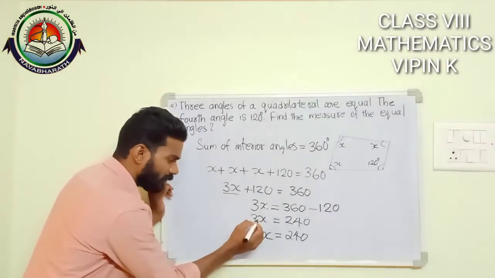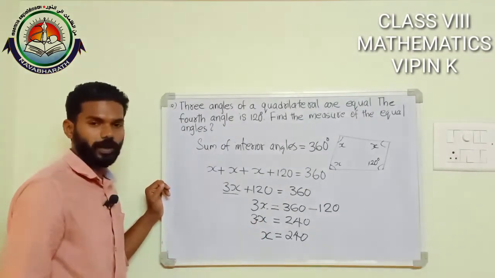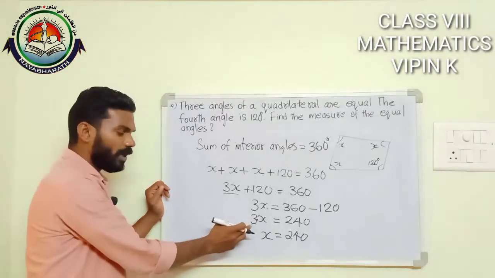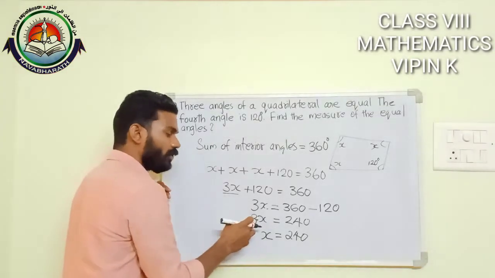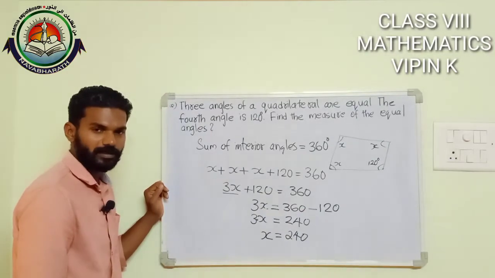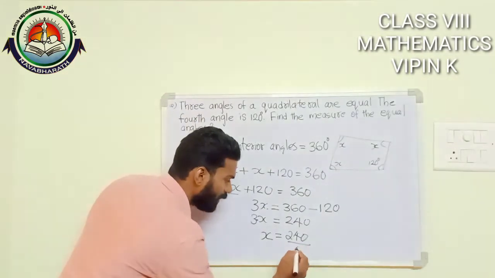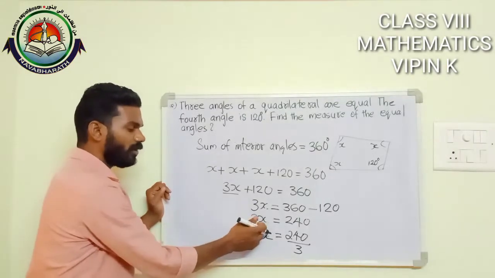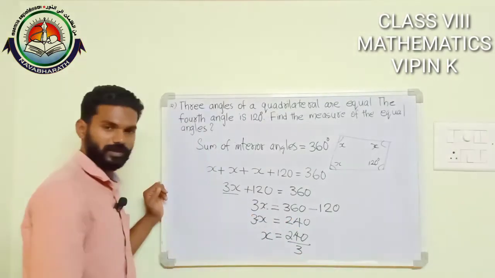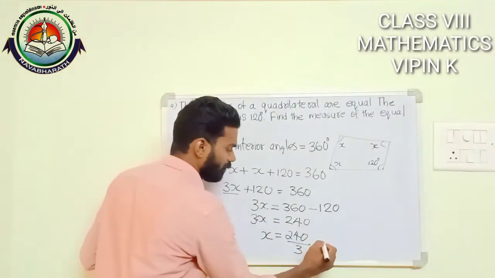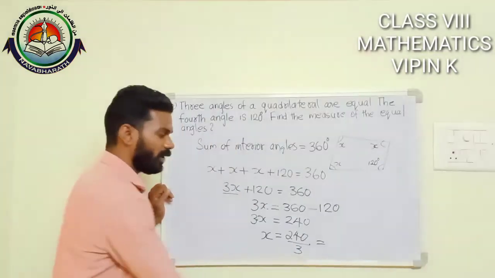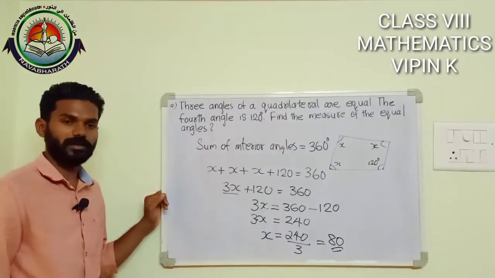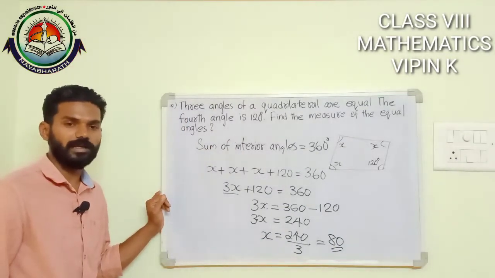This 3 is multiplied with x, so if you carry the into 3 to the opposite side, it would become divided by 3. Clear? So x would be equal to 240 by 3. What would be the answer? It would be 80. Clear? The answer would be 80.